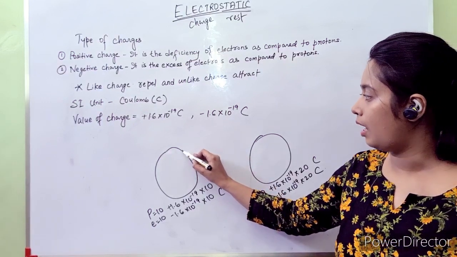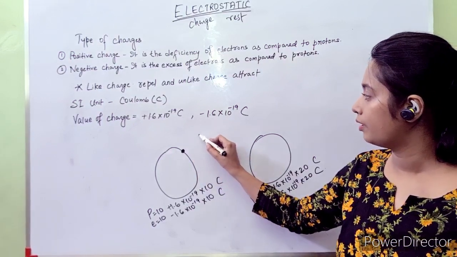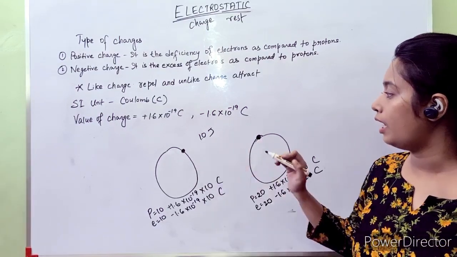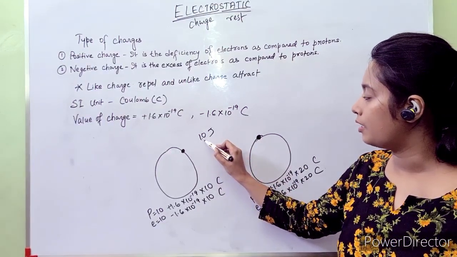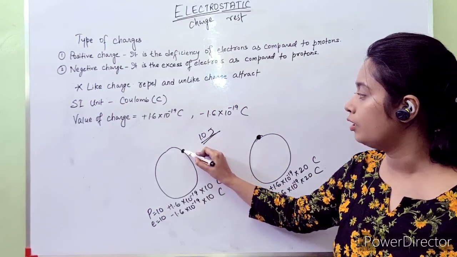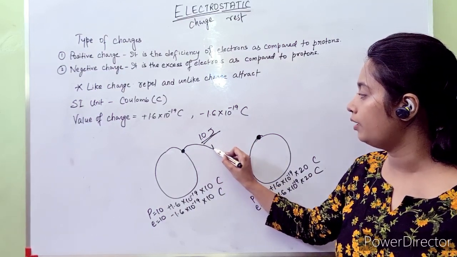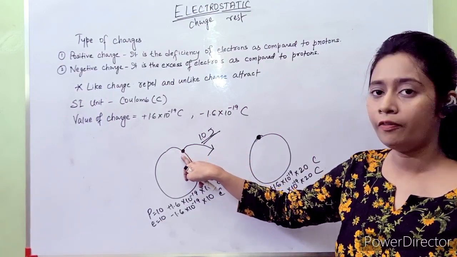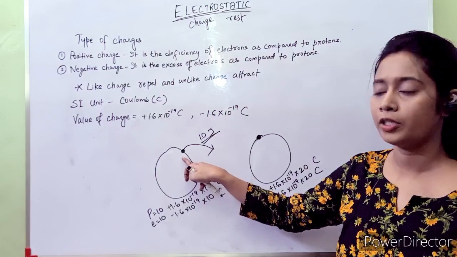Now, assume that I gave 10 joule of energy, and this energy is enough for this electron to jump out of the atom. That means its work function is minimum.